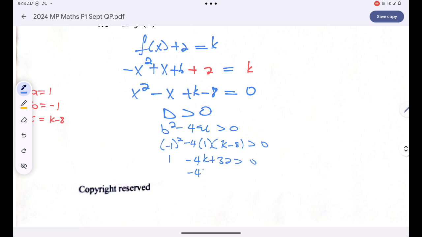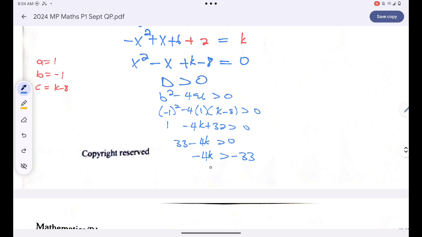Okay, let me not jump these steps. I'll have 33 minus 4k is greater than 0. Then I'll end up having negative 4k is greater than negative 33. Are we together, guys? And hence k is just less than positive 33 over 4.